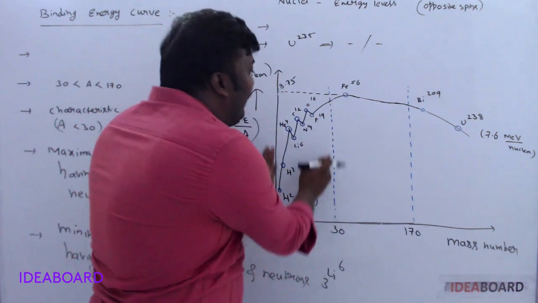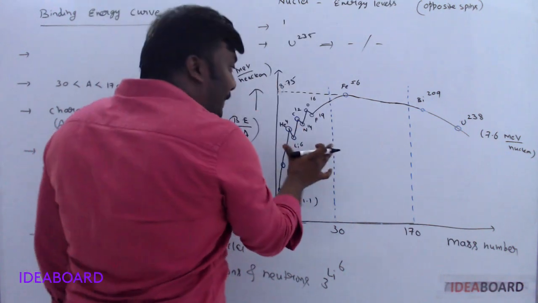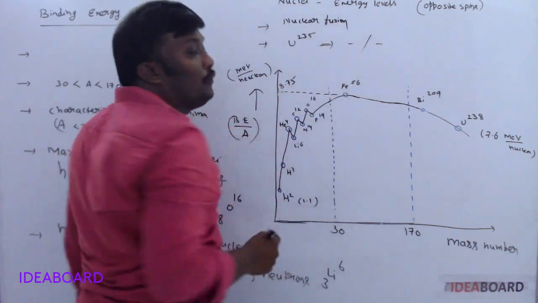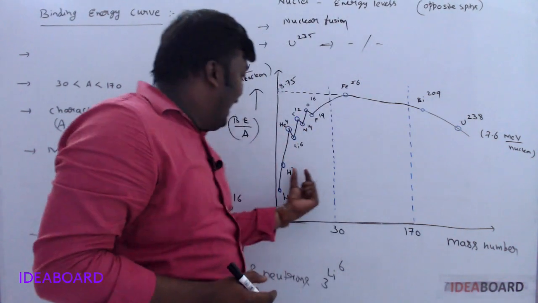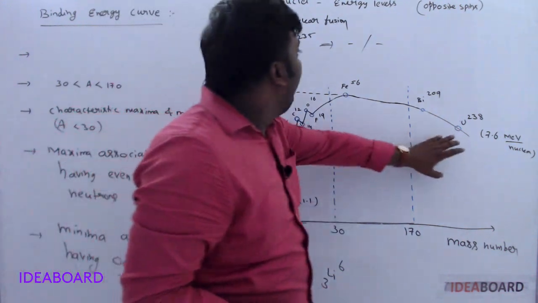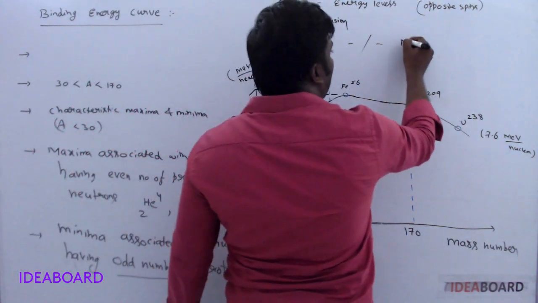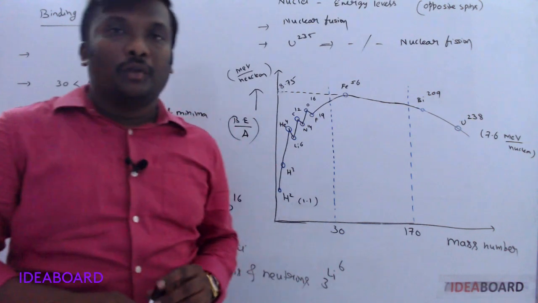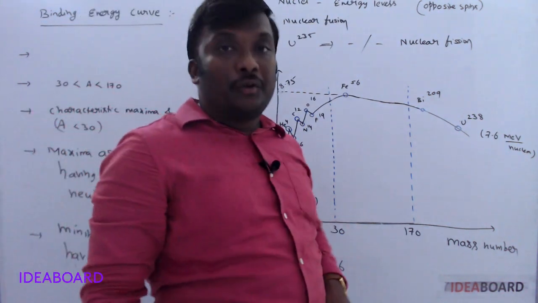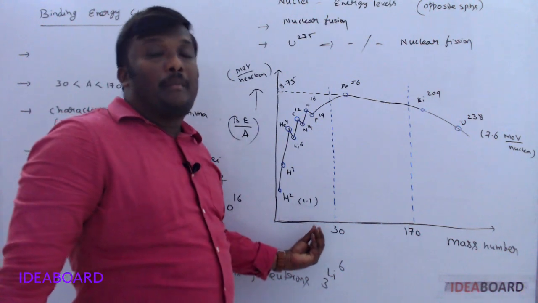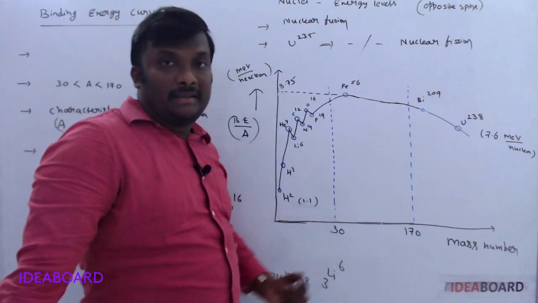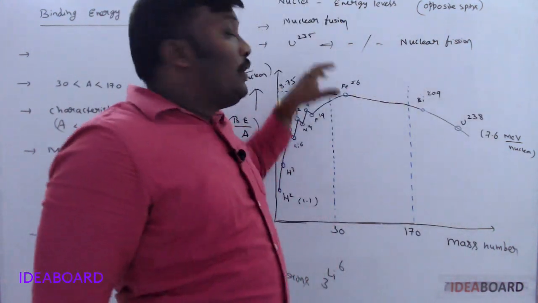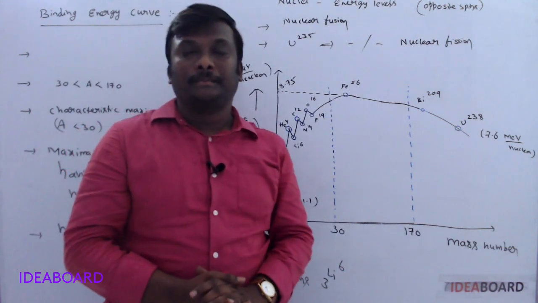So lighter nuclei always try to combine, which is related to nuclear fusion. Fusion means adding. Lighter nuclei add, heavier nuclei split. Splitting means they are participating in the nuclear fission process. So for explaining nuclear fusion, we take lighter nuclei; for nuclear fission, we take heavier nuclei.